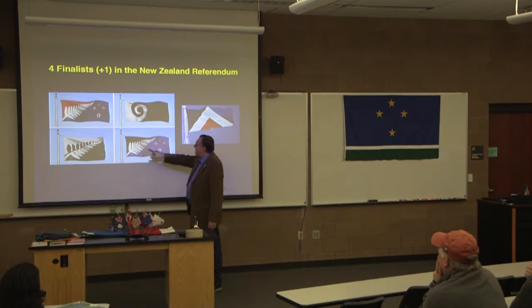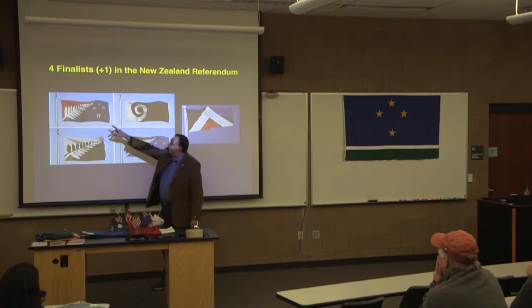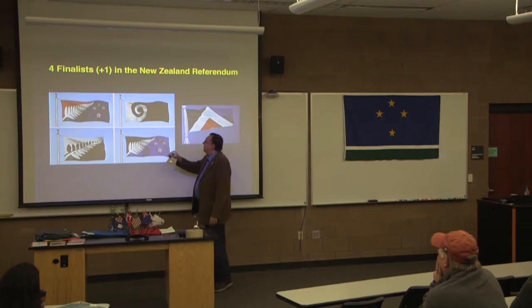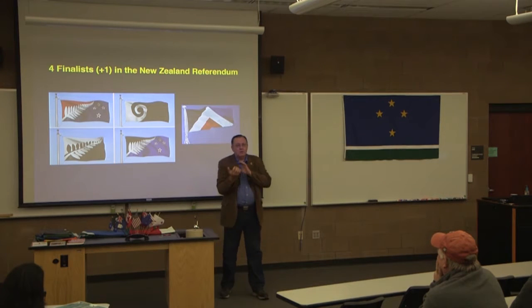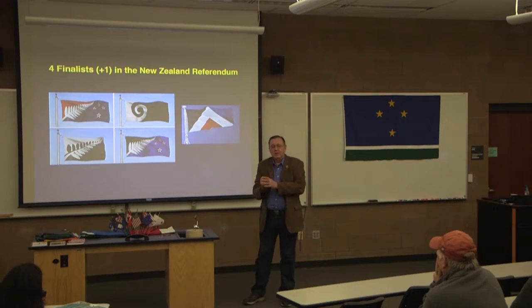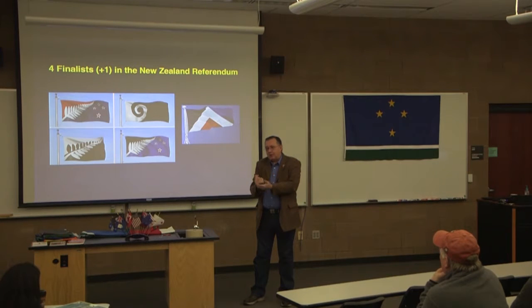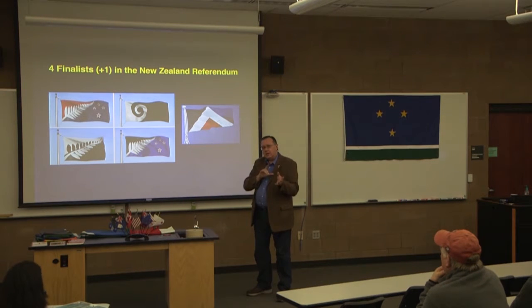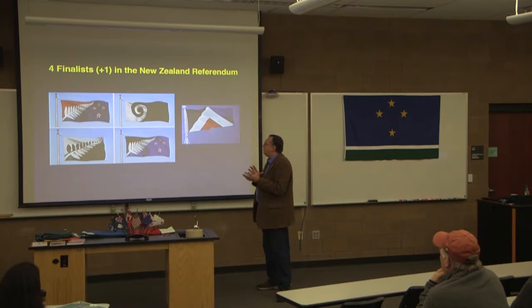And as you can see here, this one has black in the corner, that has red in the corner, so there's similarities. This one is shaped like a young fern curled up, and it's known in New Zealand as a koru. And the koru is symbolic of life, that it's new life coming to be. And so it's very closely tied with Maori people. They have a lot of that in their designs as well.